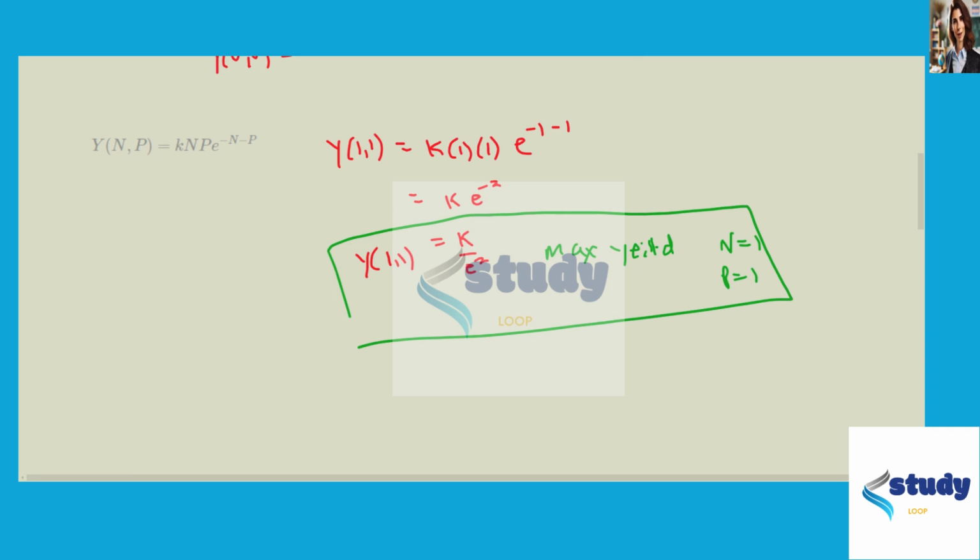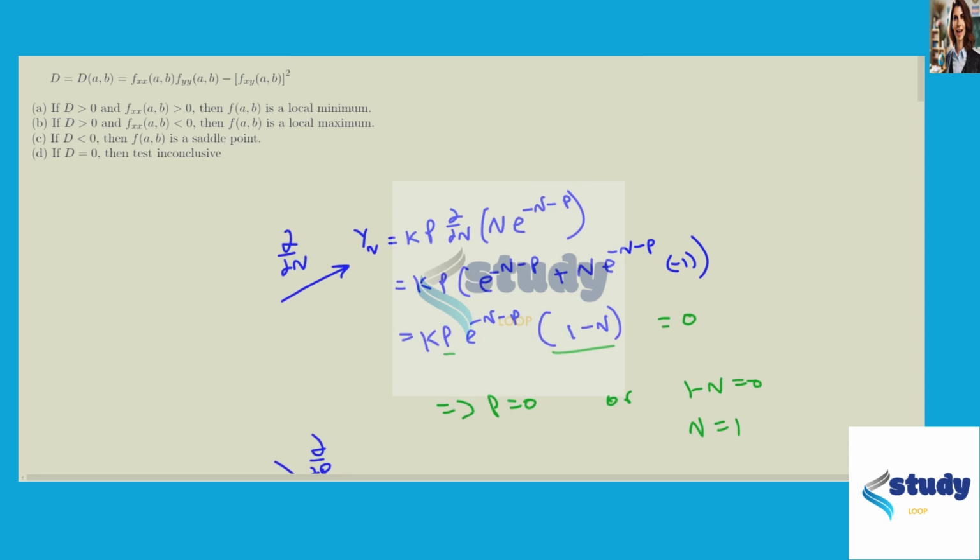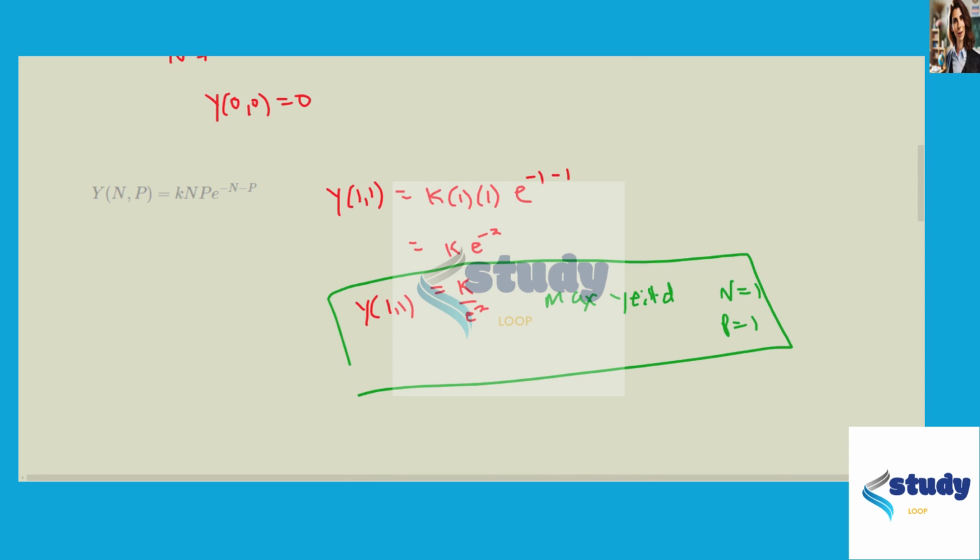And I guess we could really just stop here if we wanted, because we really don't have anything else to check. But just to make sure that this is a maximum, we should follow through with these steps over here. So again, if you are just content with what we were doing here, you could just go ahead and say the maximum yield is at n equal to 1, p equal to 1.